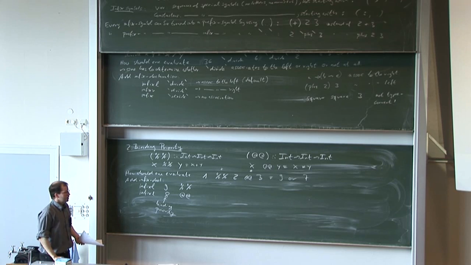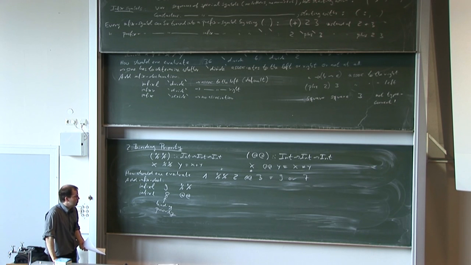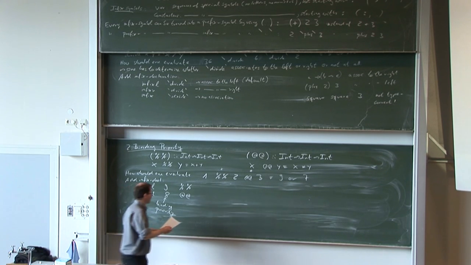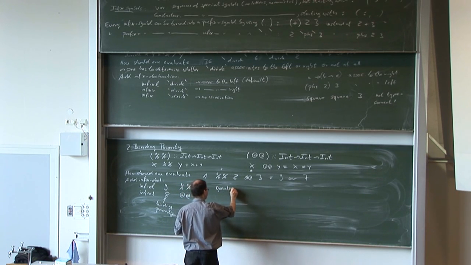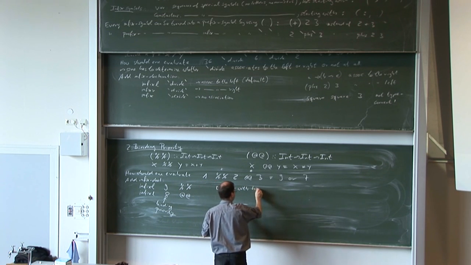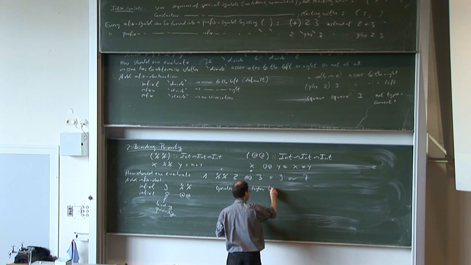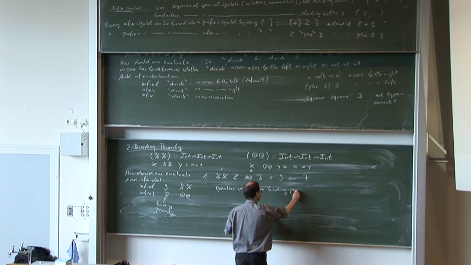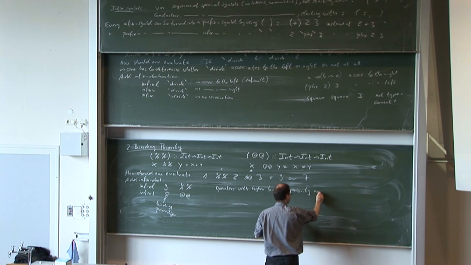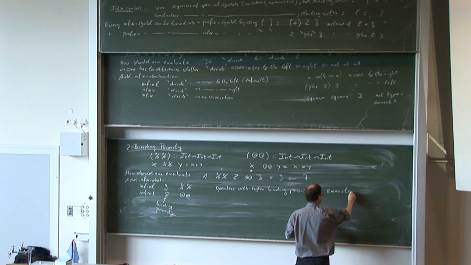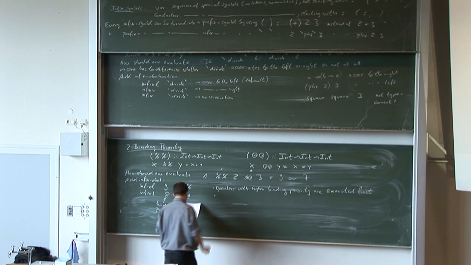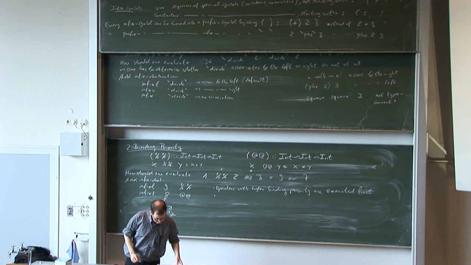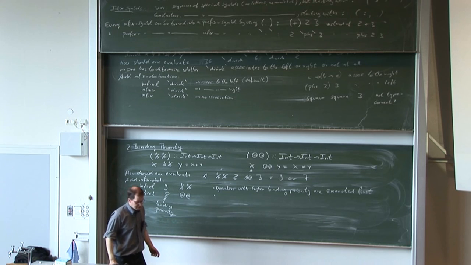And the higher the priority, the higher the binding, and you execute those operators with the highest binding priority first. So the idea is operators with higher binding priority are executed first. And if the operators have the same binding priority, then you go from left to right.